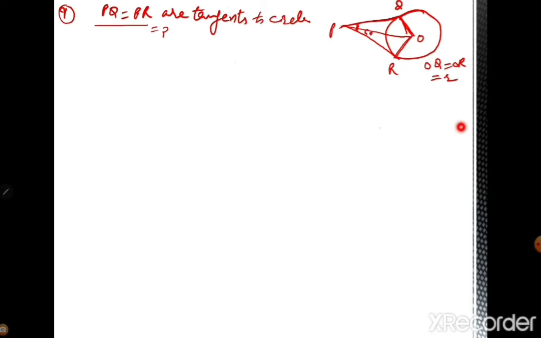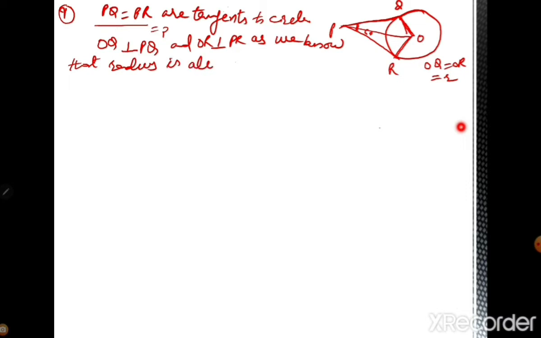As we know, we can say that OQ is perpendicular to PQ and OR is perpendicular to PR, because the radius is always perpendicular to the tangent of the circle.